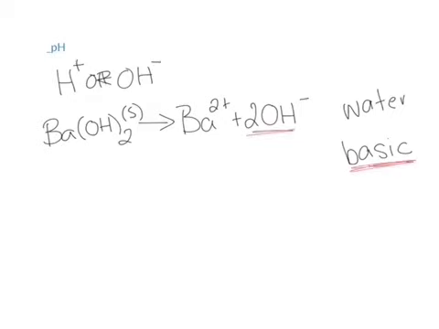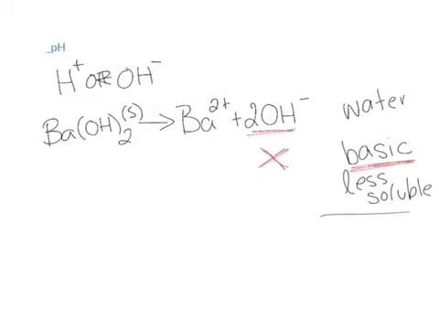So we would have some X amount of OH minus hindering the dissolving of this barium hydroxide compound going into the equilibrium. So if it's in a basic solution, this particular compound would be less soluble.